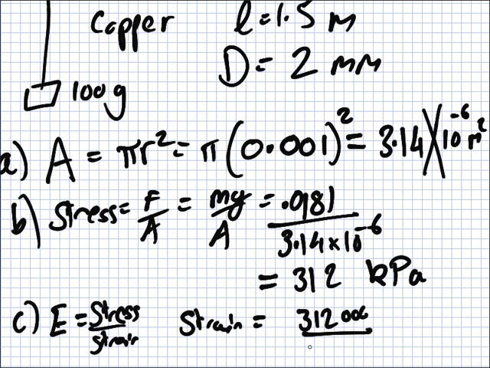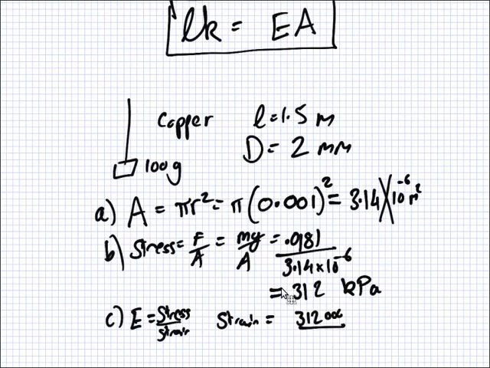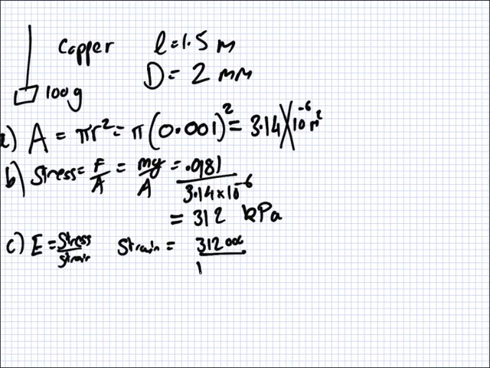What's Young's modulus for copper? 117. So what's that now? 2.67 times 10 to the minus 6.